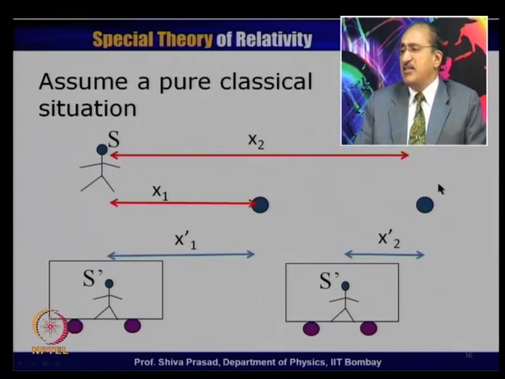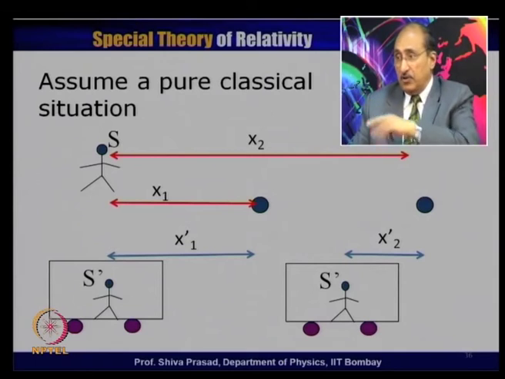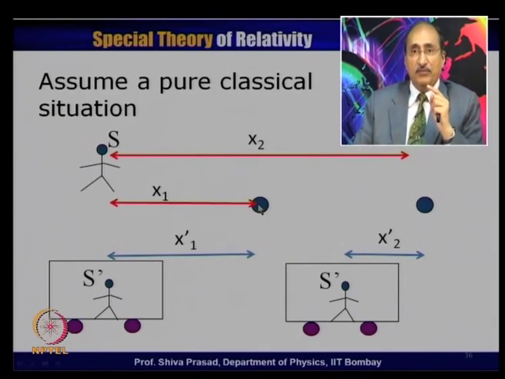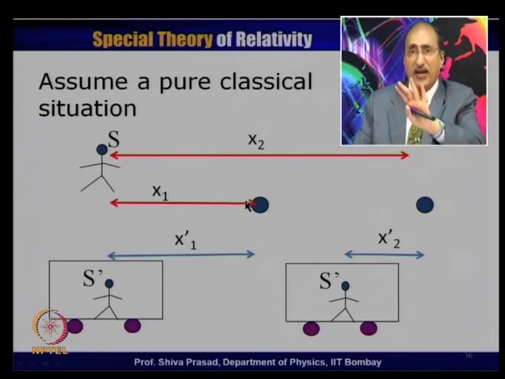There is a second lightning striking further away at a time later than this. So, x2 is larger than x1, so delta x was positive. Because this event occurred later than the first, t2 was larger than t1, therefore delta t is positive. So, as far as S is concerned, delta x is positive and delta t is also positive. Remember, I am talking only about a classical thing, there is nothing of relativity here as of now.